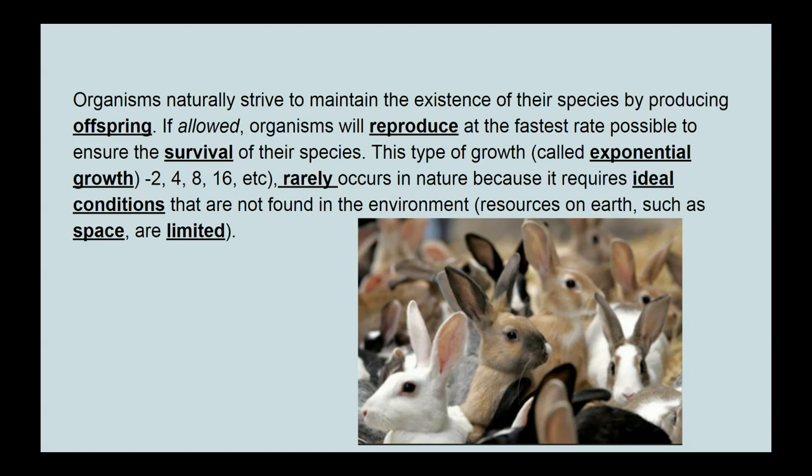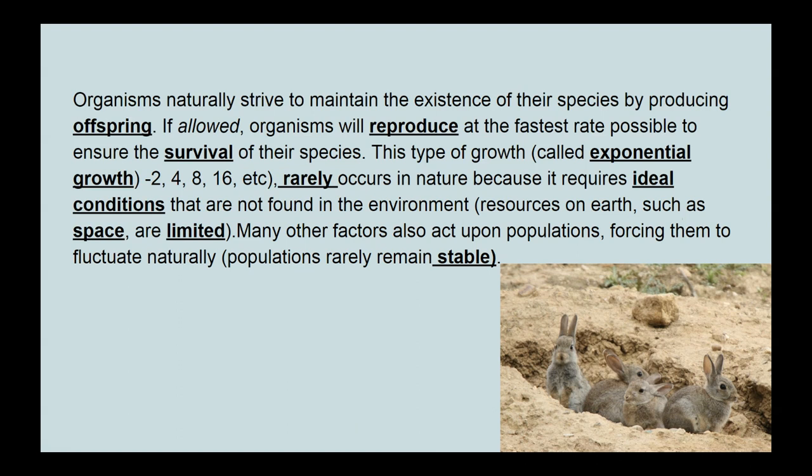They don't have unlimited space. They usually have some kind of predator, or a lot of them can be susceptible to diseases, especially if you have more individuals. So all of these reasons make it so you're only going to have a certain threshold of individuals in a population in a location. That is called the carrying capacity.